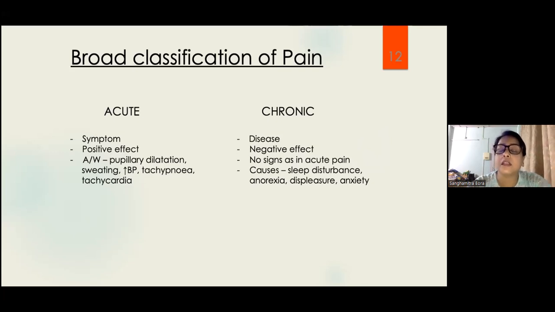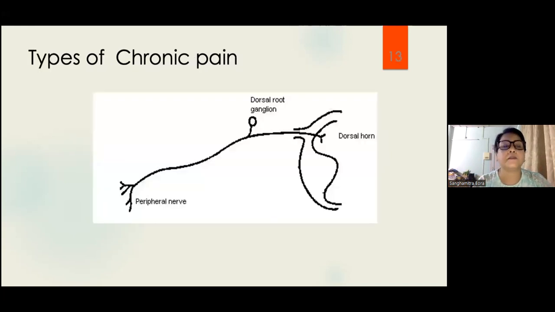It causes certain disturbances like sleep disturbance, anorexia, dyspepsia, anxiety, and so on and so forth. So chronic pain is considered a disease. Acute pain is considered a symptom. So when we talk about pain management, we generally are talking about managing chronic pain.